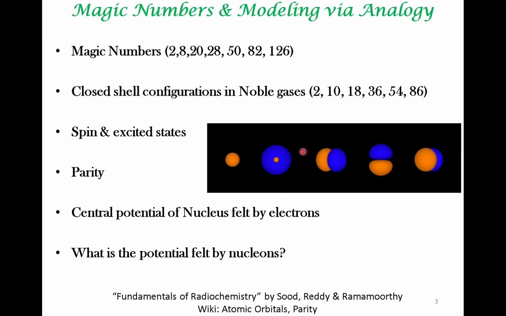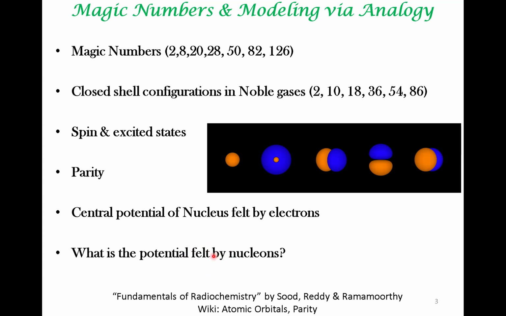These are the orbitals for the electrons, which are obtained because of the quantization using this potential. However, it is not clear what is the potential that we should be using for nucleons.